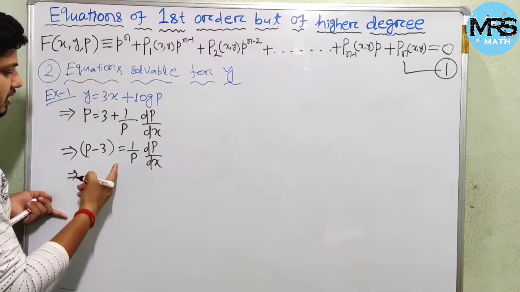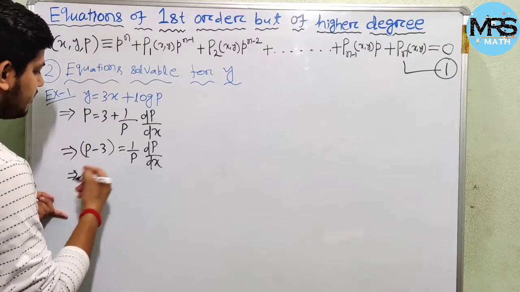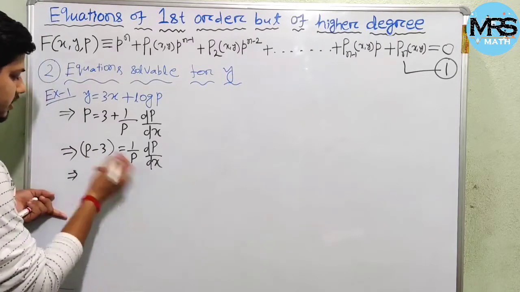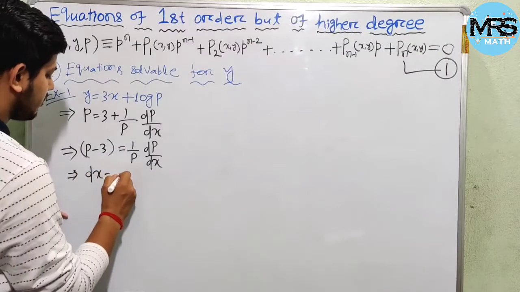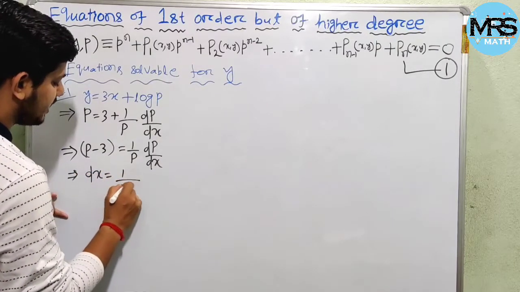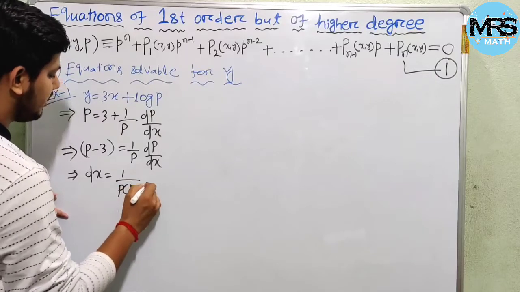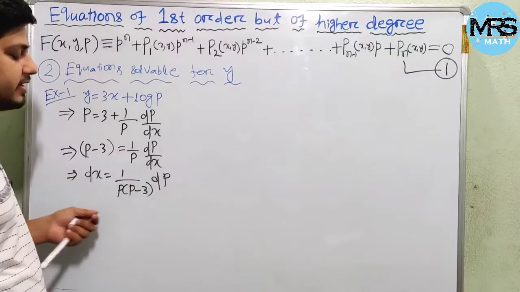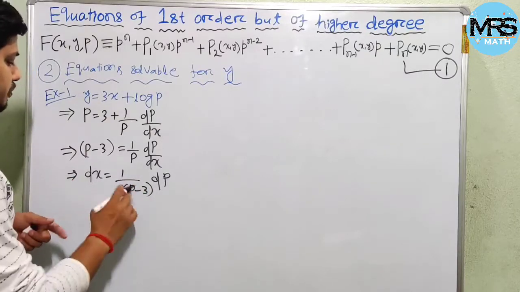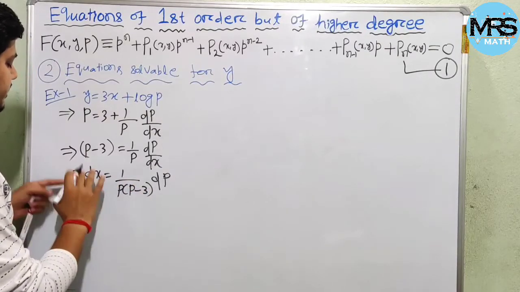Taking p to this side, dx equals 1 by p into p minus 3, into dp. So I have already separated the variables, p terms on this side and x terms on this side.